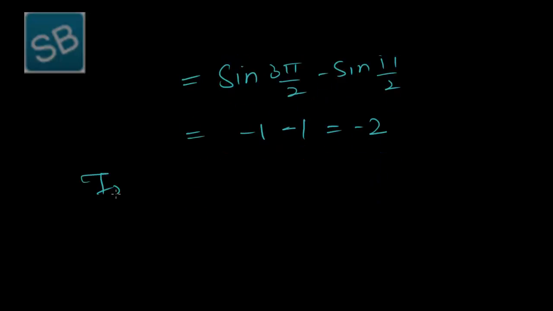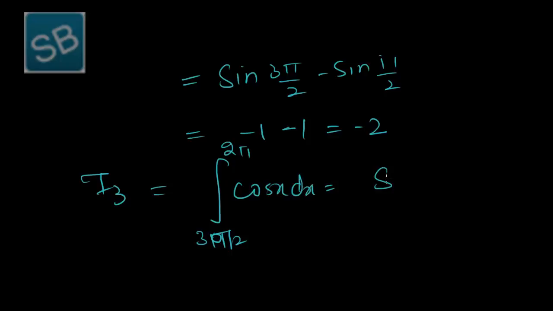So the integral of I3, that is 3 pi by 2 to 2 pi of cos x dx. The integral of cos x is sin x, from 3 pi by 2 to 2 pi.